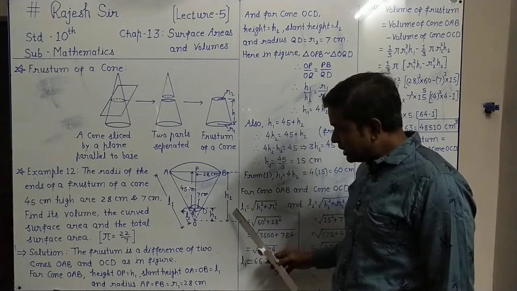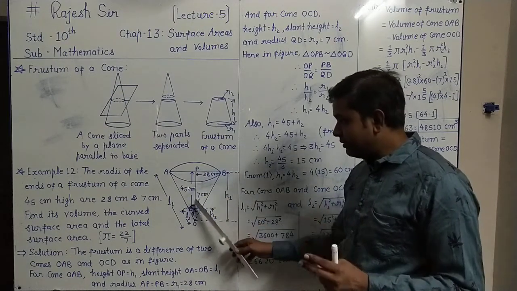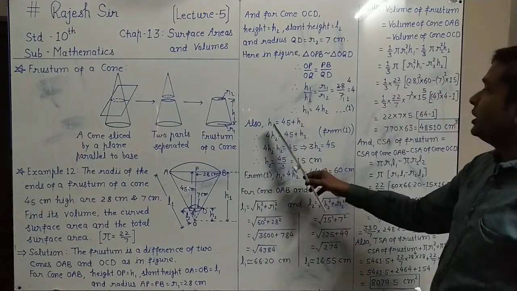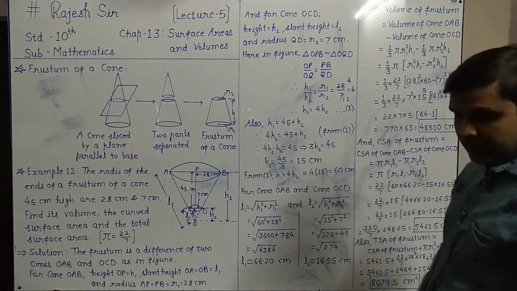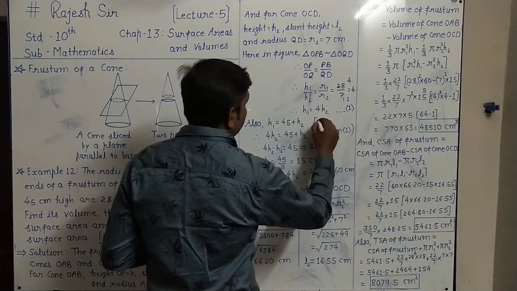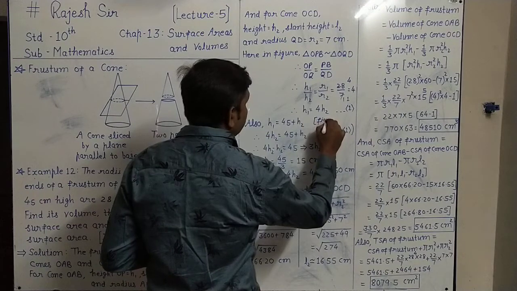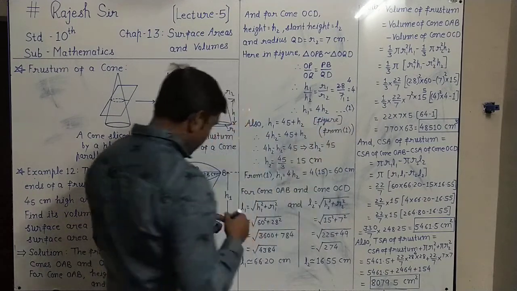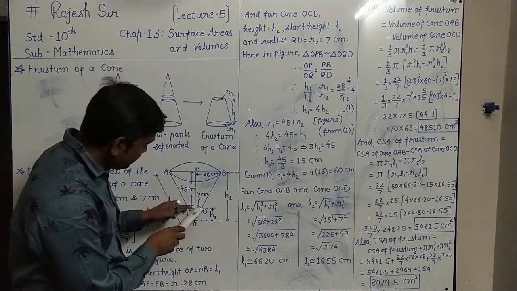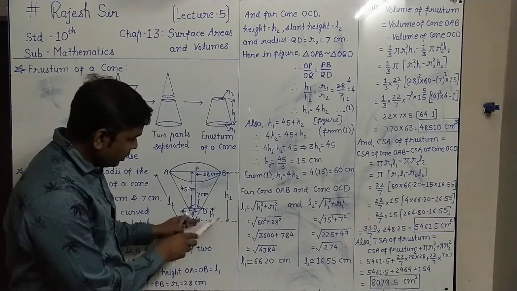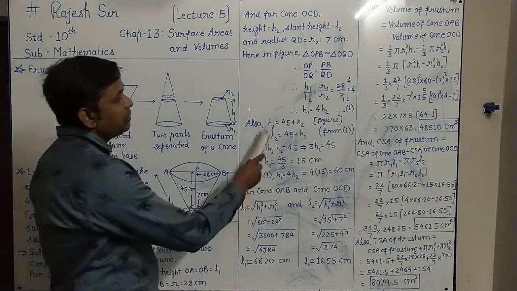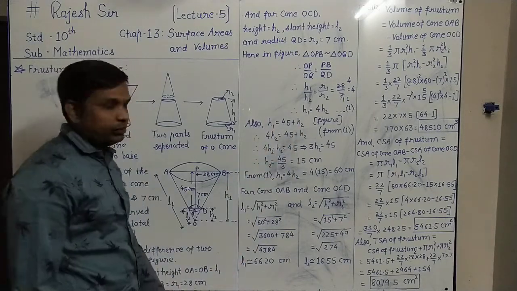So this full height H1 is the sum of 45 and H2, right? This comes from the figure, it is obvious. So H1 equals 45 plus H2.